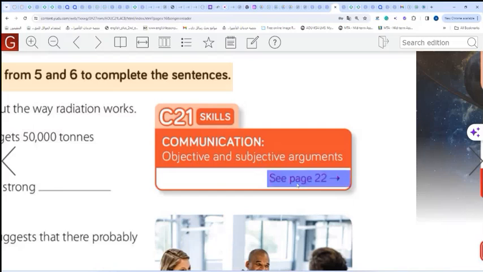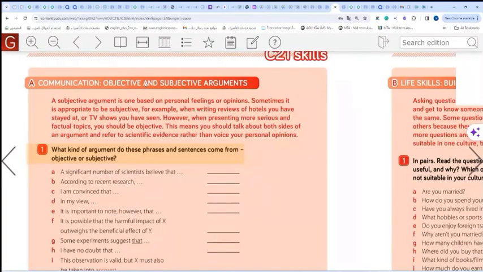Dear students, let's see page 22, to learn more about objective and subjective arguments.